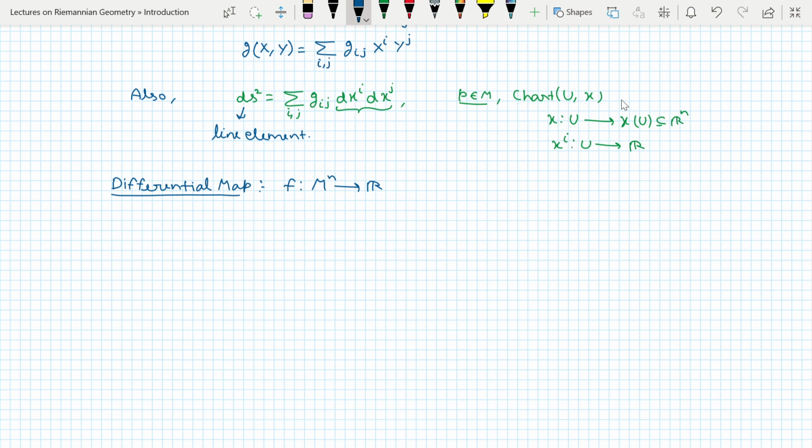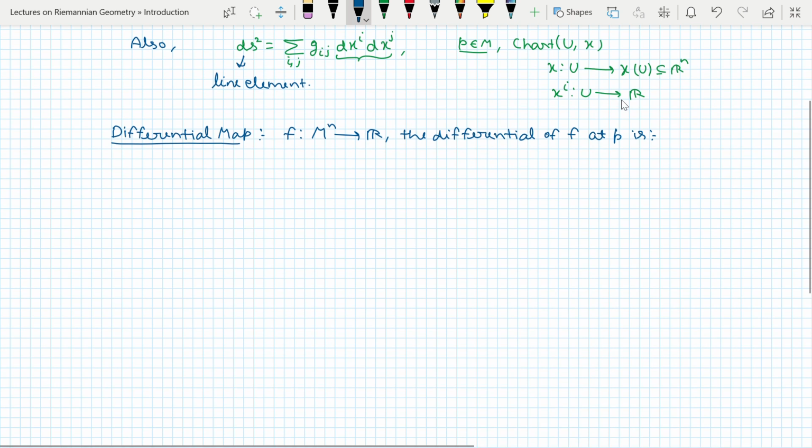Then the differential of f at the point P is, see, these are things from the manifold theory in the prerequisite, but I am recalling it just to give you an idea of what these dxi and dxj are. So I will not go into the detail of the differential.